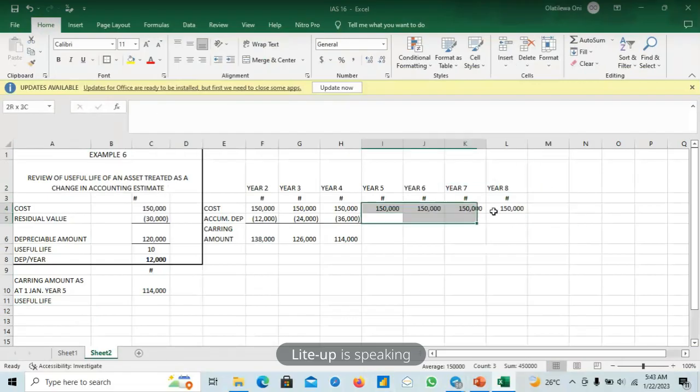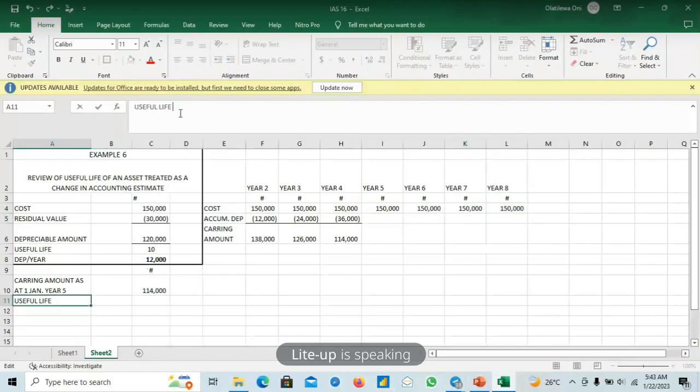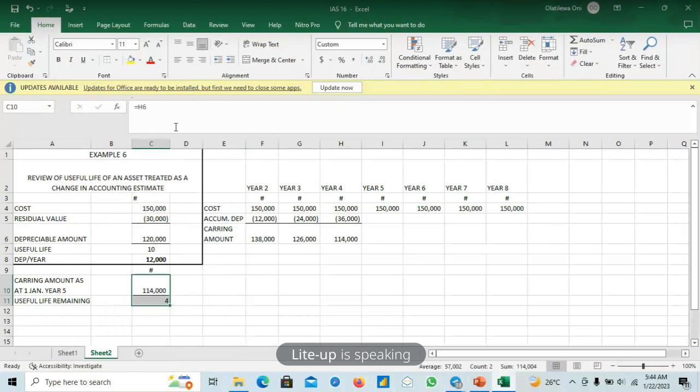So now remaining 4 years. We have done 3 years, total is 7, so it's now remaining 4 years. Useful life remaining is now 4 years. Out of 7 years, we have had 3 years depreciation done already, so the useful life will be 4 years.